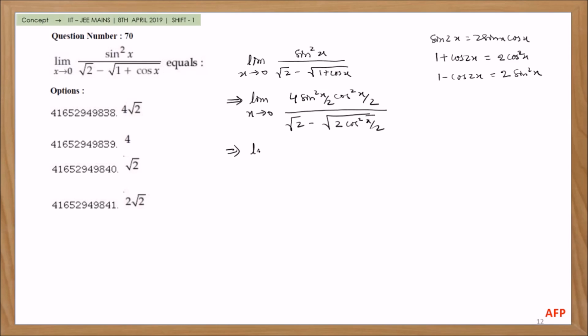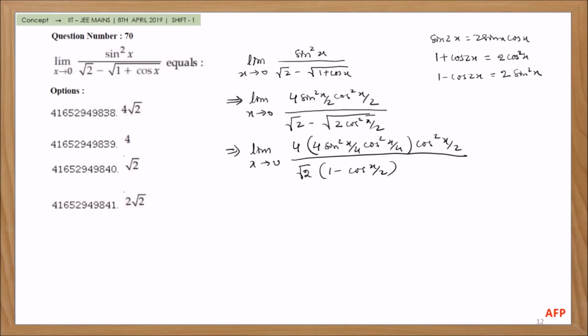So this implies 4 times as it is, this cos square, again the sin square x by 2, again we can write 4 times sin square x by 4 cos square x by 4 and cos square x by 2. Divided by, root 2 here it is common, 1 minus cos x by 2 as x tends to 0.